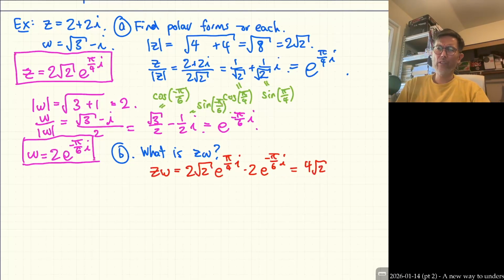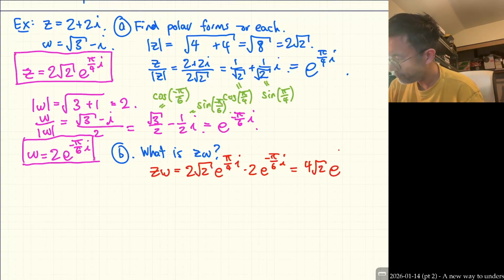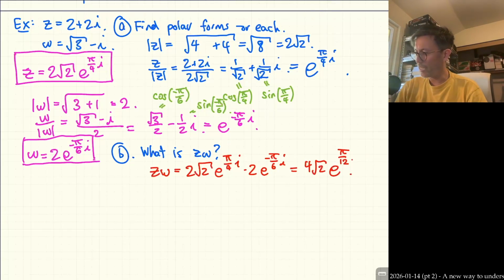So we have to figure out what pi over 4 minus pi over 6 is. They share a common denominator of 12. That's 3 pi over 12 minus 2 pi over 12, which is just pi over 12. Positive pi over 12, times i, of course.